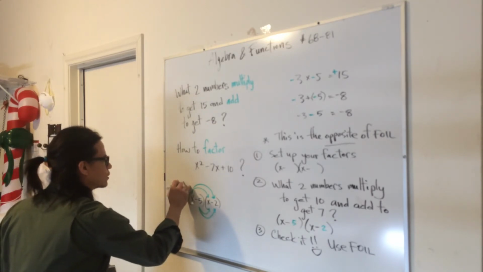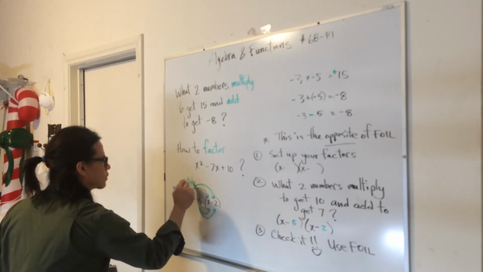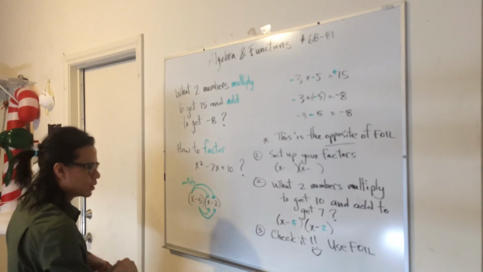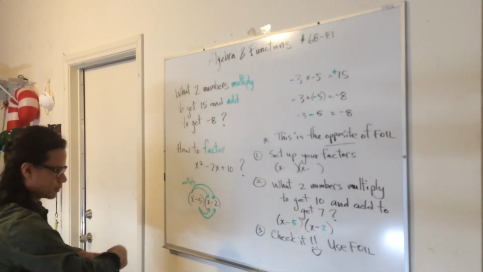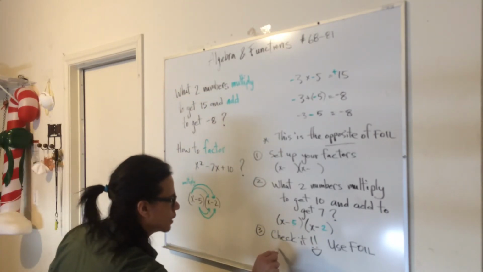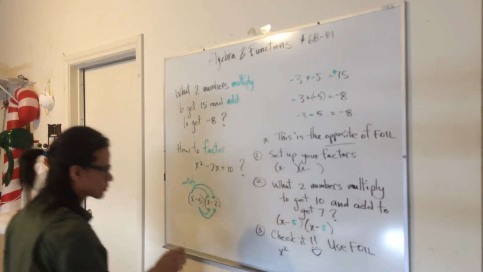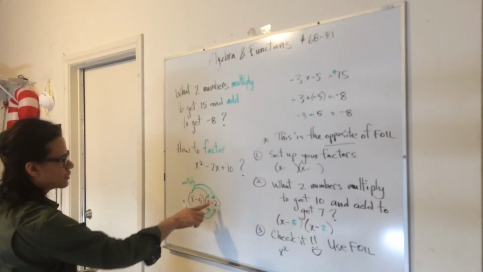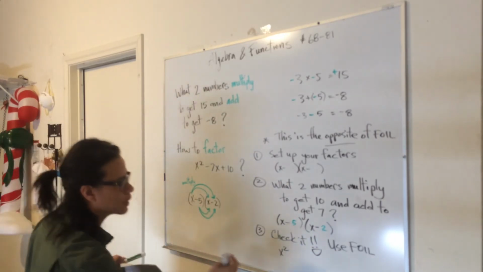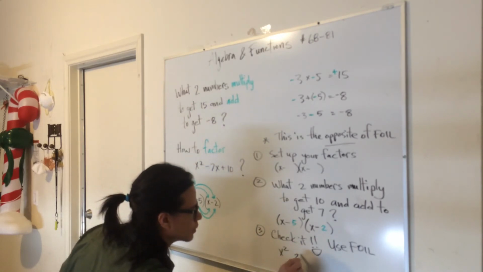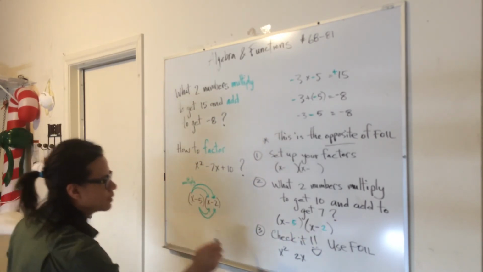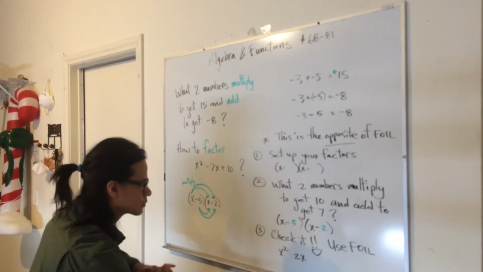So let's multiply it. Okay, what do you get? x times x, we get x squared. Okay, x times negative 2. So 2 times x is 2x. Positive times negative is negative.